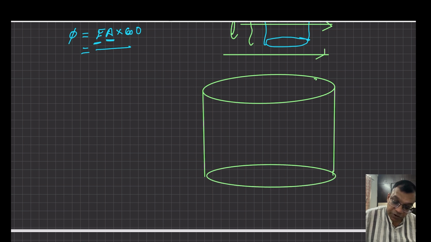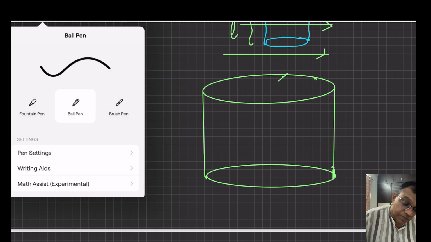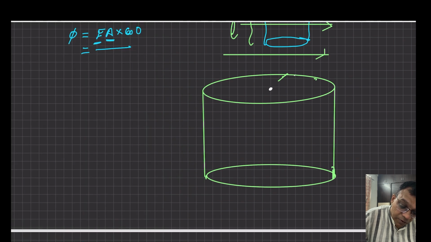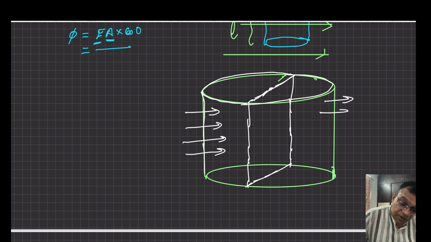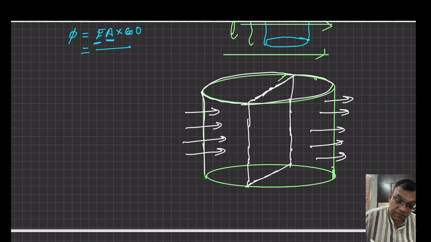You assume this is coinciding here, and this is here. Now if I take the surface like this, cut it like this, then on this particular part, electric lines of forces are entering, and from the right part, electric lines of forces are leaving.